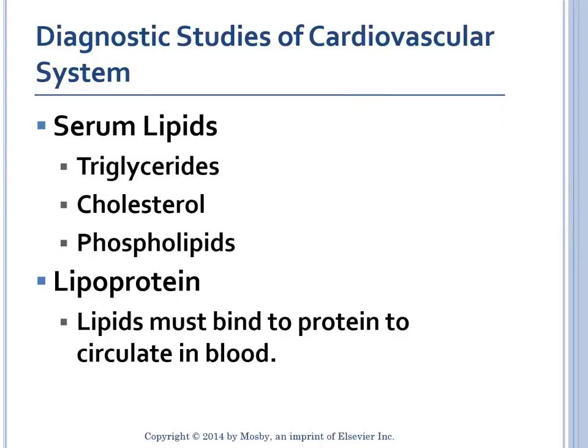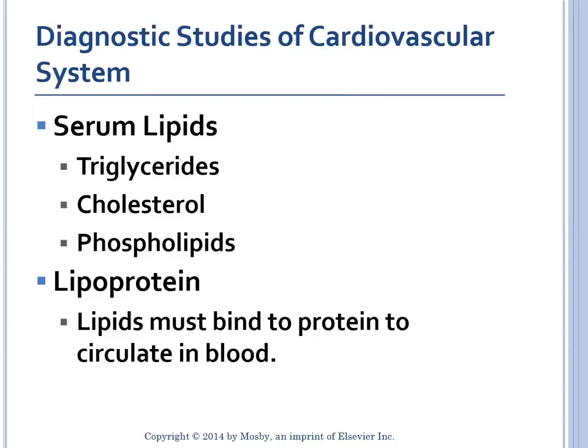The LDLs are mostly cholesterol with moderate amounts of phospholipid. The HDLs, the high-density lipoproteins, are about 1/2 protein and 1/2 phospholipids and cholesterol. And the VLDLs, the very low-density lipoproteins, are primarily endogenous triglycerides with moderate amounts of phospholipids and cholesterol.